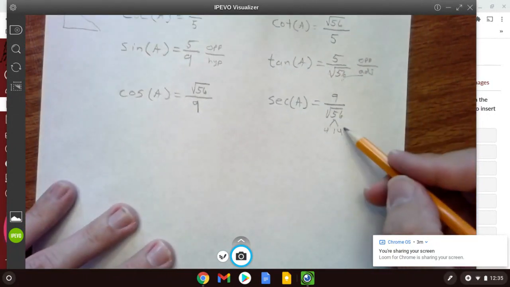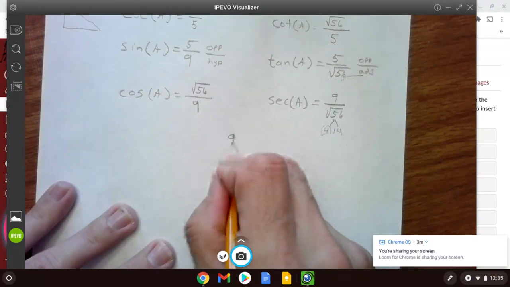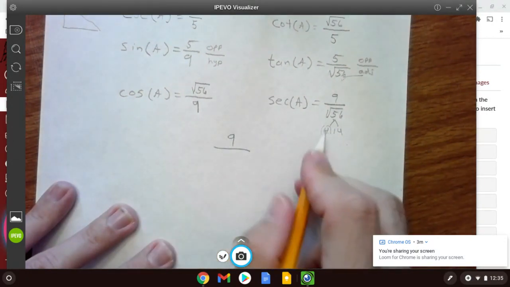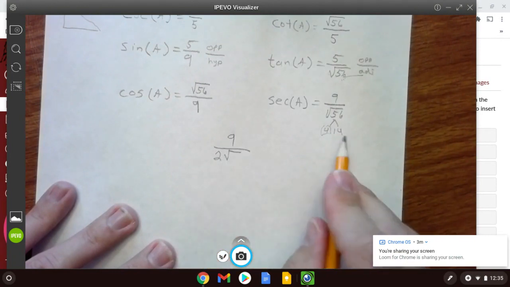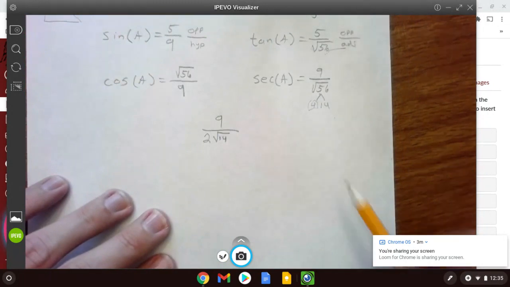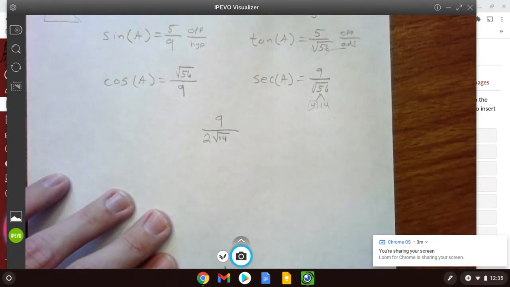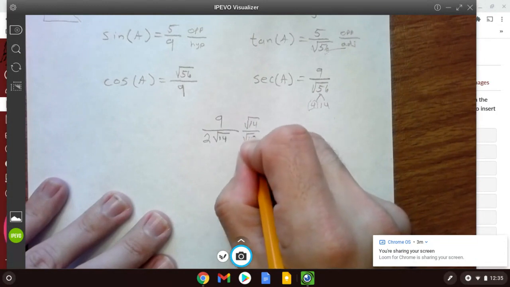So I pull out my 4 here, and that's going to be rewritten as 9 over, see, the square root of 4 is 2, and square root of 14. And then if we wanted to rationalize the denominator here, we'd multiply by root 14 over root 14.